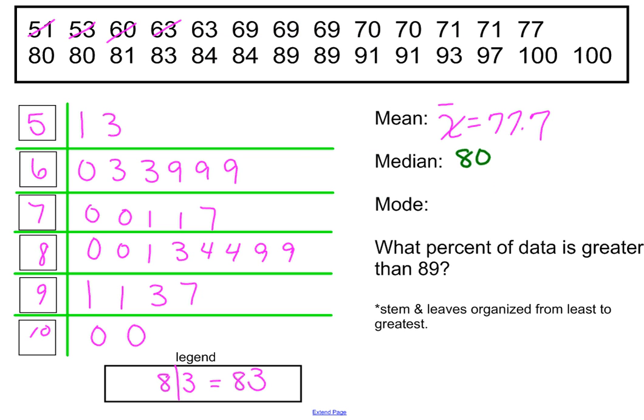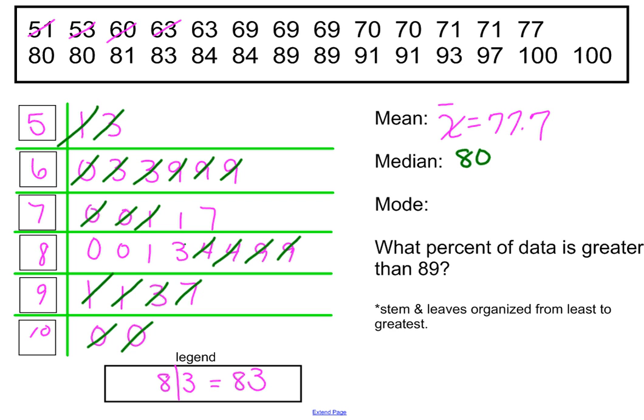I could do that by going one off the least, one off the greatest, and repeating, and we should zone in on 80. Still, 80 is our median.